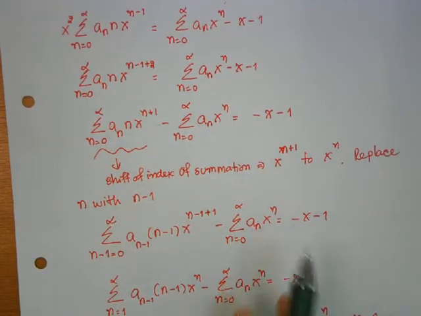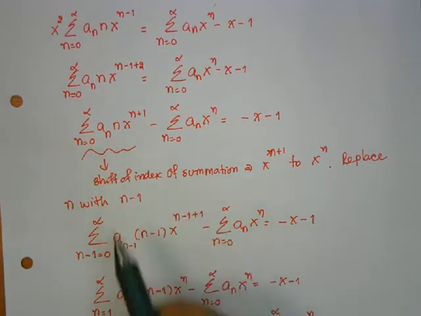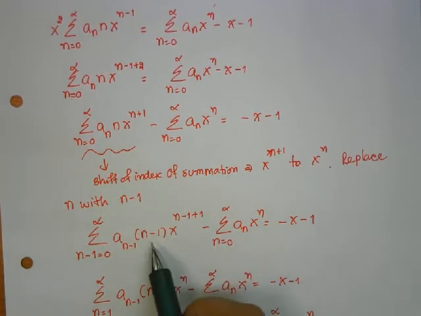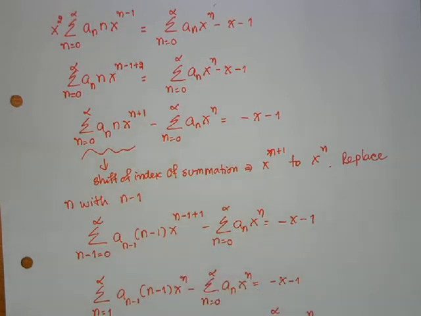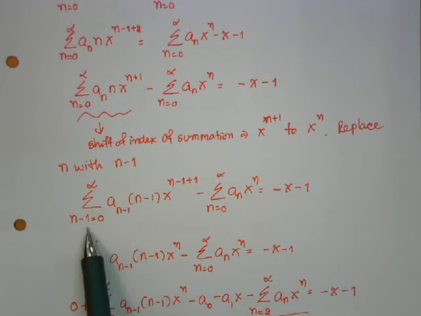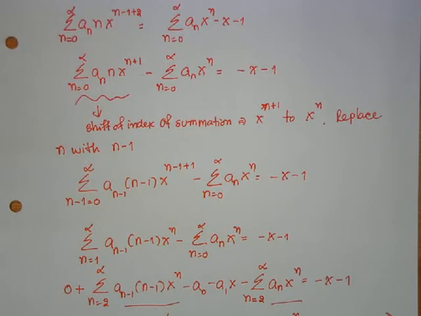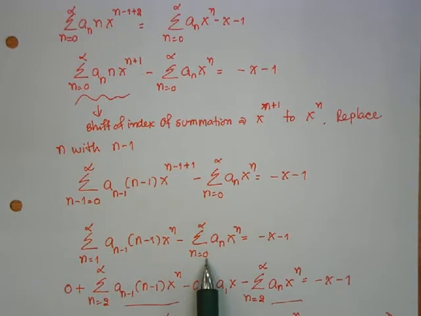So n minus 1 becomes n, a_n becomes a_{n-1}, and we have x to the power n. From that, you get the summation of the first term starting from 1 to infinity. The first term on your left hand side is starting from 1, but the second term is starting from 0, right?